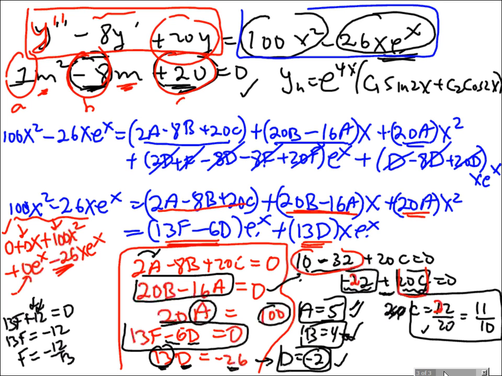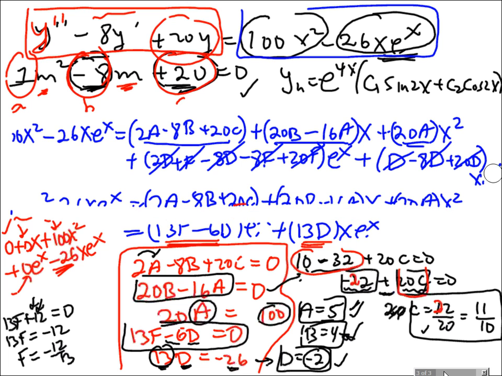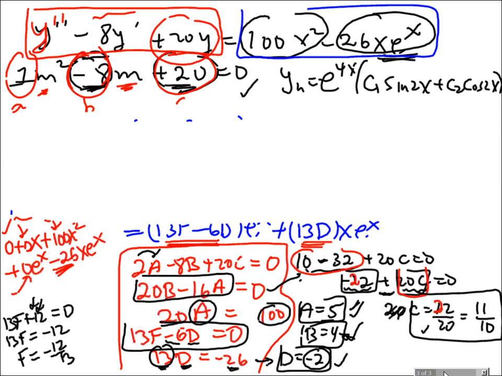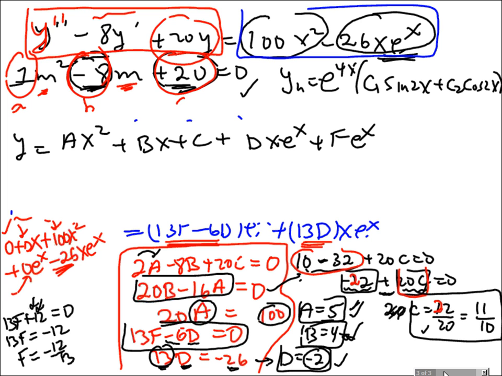Okay. So I have what a, b, c, d, and f equal. And I just have to remember that when I wrote down what y equals, I said it was ax squared plus bx plus c plus dx e to the x plus f e to the x. And notice that f was not 0. That is, I really needed that term.